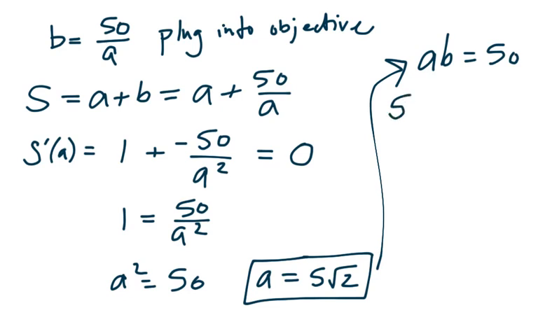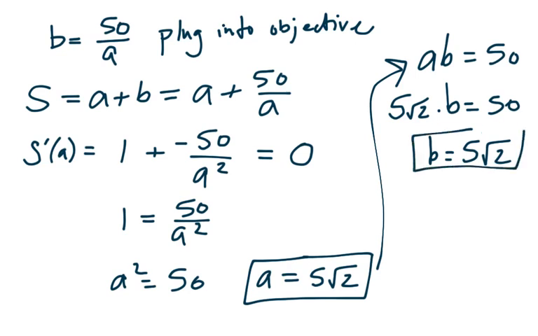If a is 5 root 2, we've got 5 root 2 times b is 50. If you solve for b, it turns out that b equals the same thing as a. So b also equals 5 root 2. And so a and b now are both positive real numbers, and we have found the minimum such sum that we were asked to find.